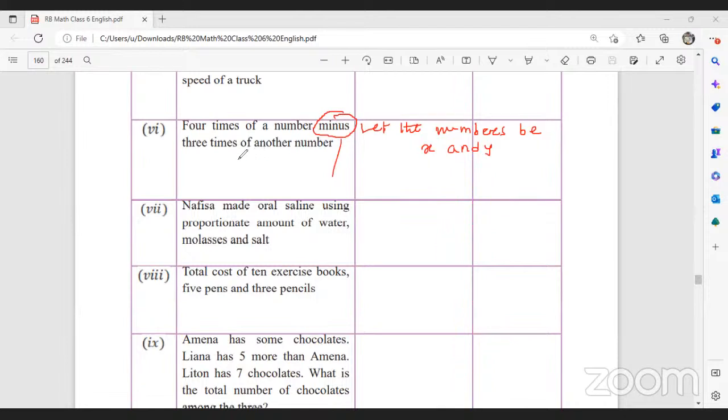I mean the difference between 4 times of a number and 3 times of another number, right? If you translate literally, 4 times of a number is 4x, then the minus sign, 3 times of another number 3y.